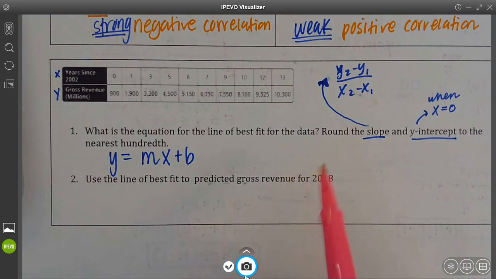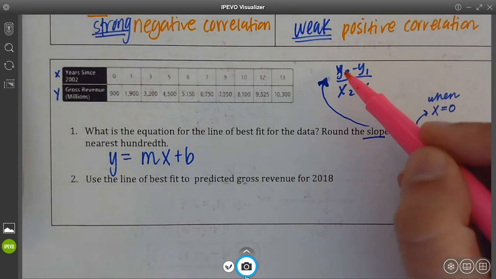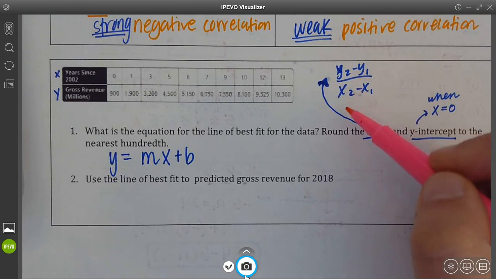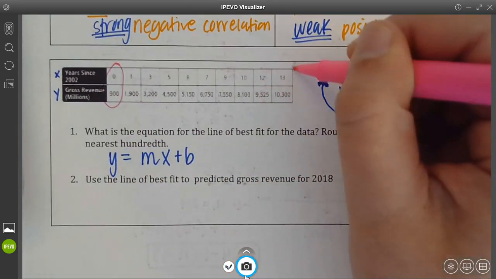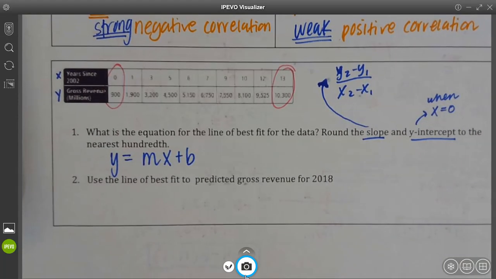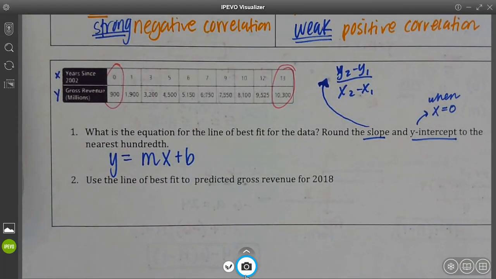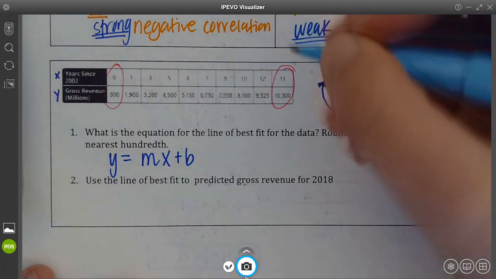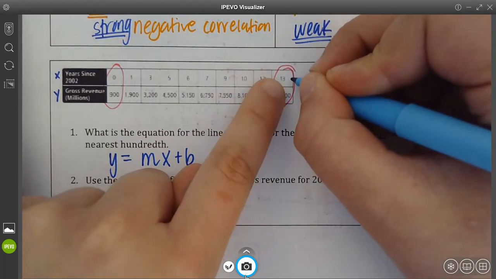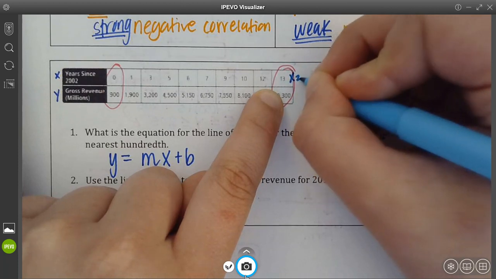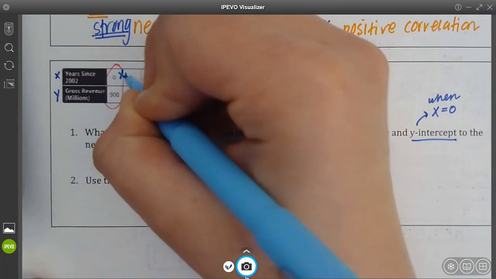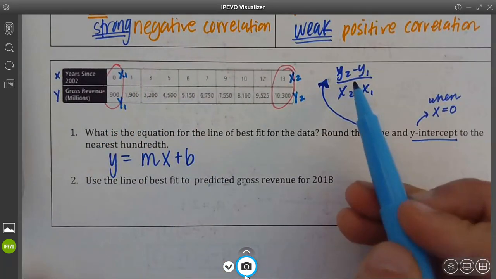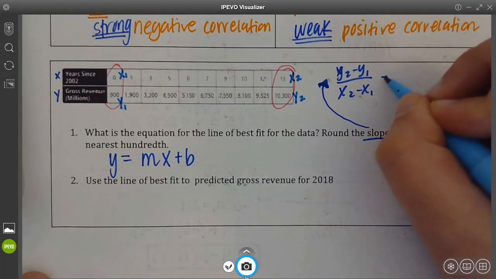When we are finding the slope, we have to remember the slope formula. We can find the slope using 2 points. I'm just going to use the first and the last point here to help me find my slope. I really could choose any 2 points that I want. The top number is x, so I'm going to call this x2. This is going to be y2. This one's going to be x1 and y1. And I'm going to plug it into my formula here.